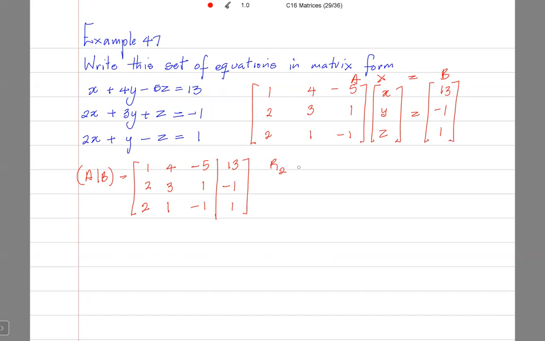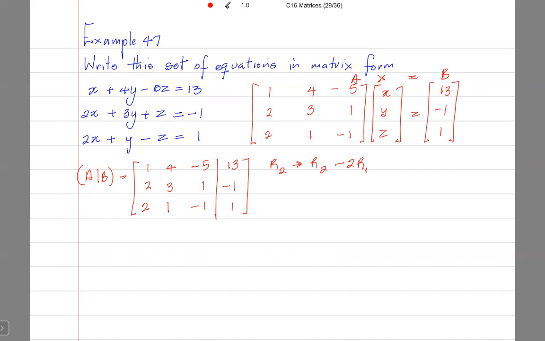R2 is R2 minus 2 times R1. So my starting objective is to make the first element of row 2 and the first element of row 3 0.